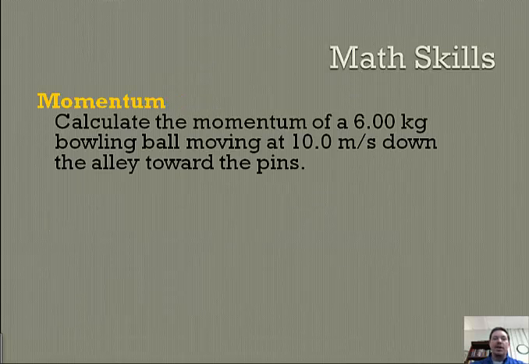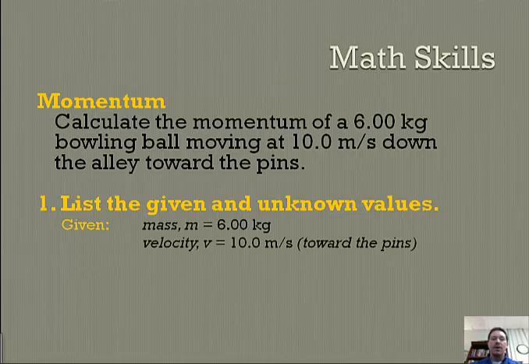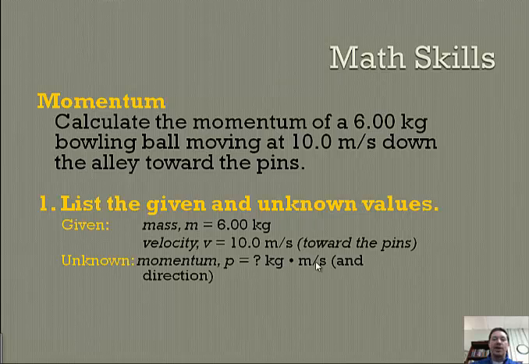Looking at a math problem here with calculating momentum: calculate the momentum of a 6 kilogram bowling ball moving at 10 meters per second down an alley towards the pins. We're given mass is 6 kilograms, which is the unit that we want. Velocity is meters per second, which is also the unit that we want when we're solving for momentum.